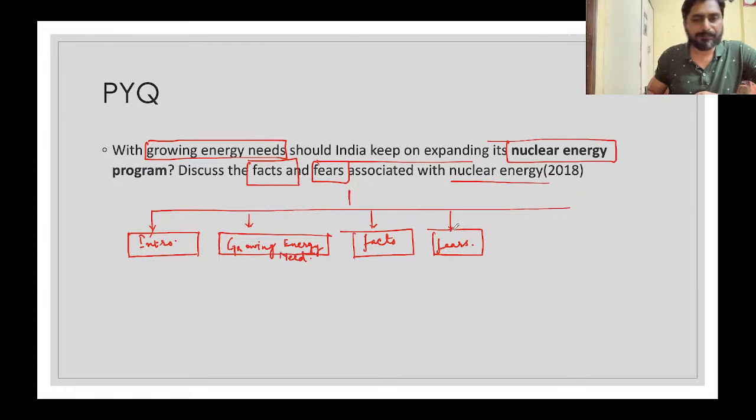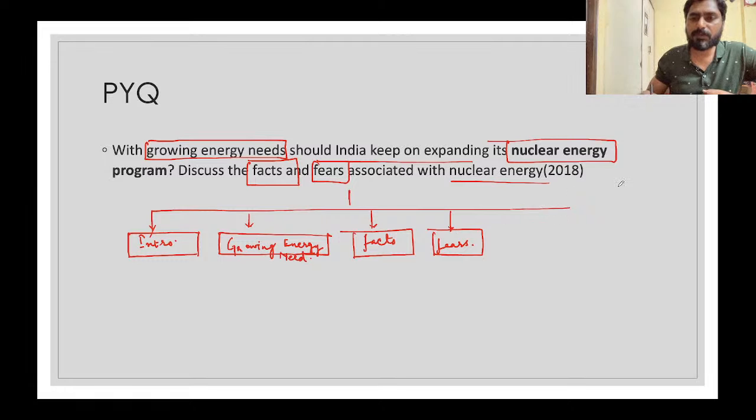Here we should understand that this is the core part of the question, that it is asking the facts and the fears of nuclear energy. But if we conclude our answer here, the answer will end with fears, and we do not want our conclusion to end with fears.